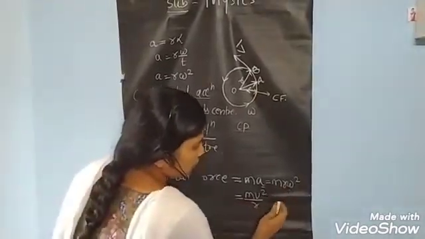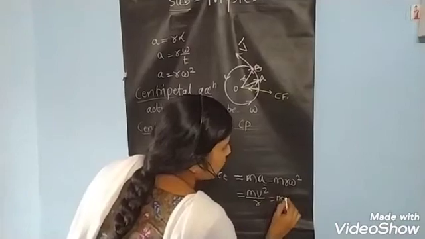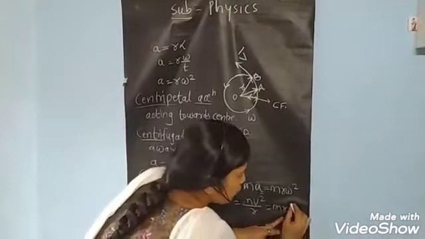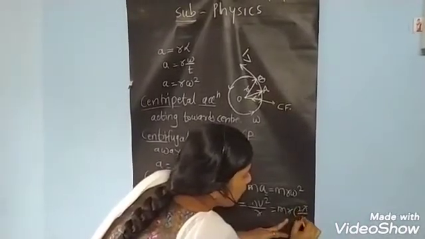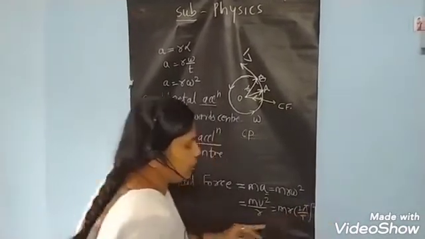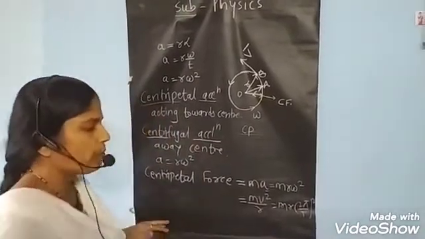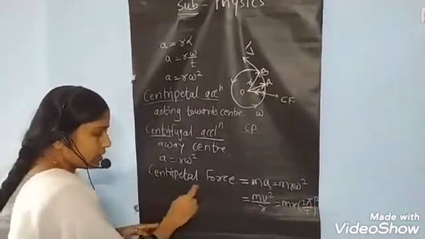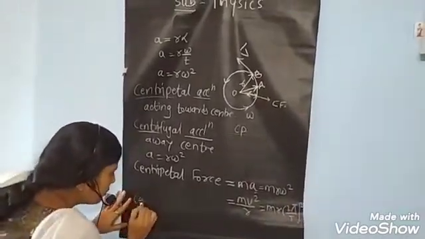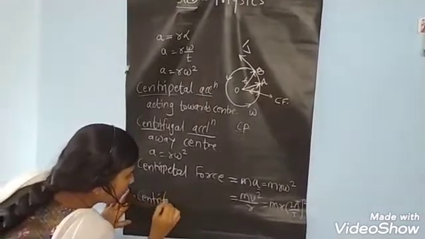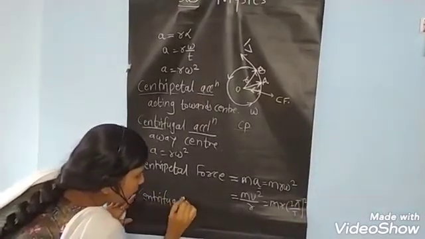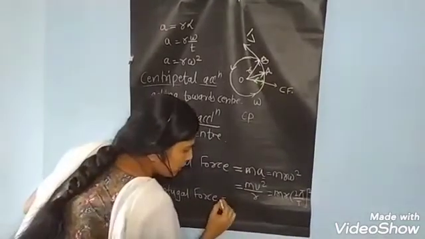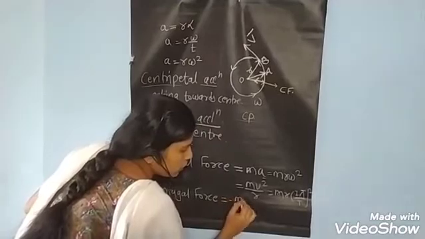Or we may write this equation as m into r, where omega is equal to 2 pi upon t. So we get 2 pi upon t whole square, which means m r into 4 pi square upon t square. This is one more equation. In centrifugal force, we get the same equation, but the directions are opposite.